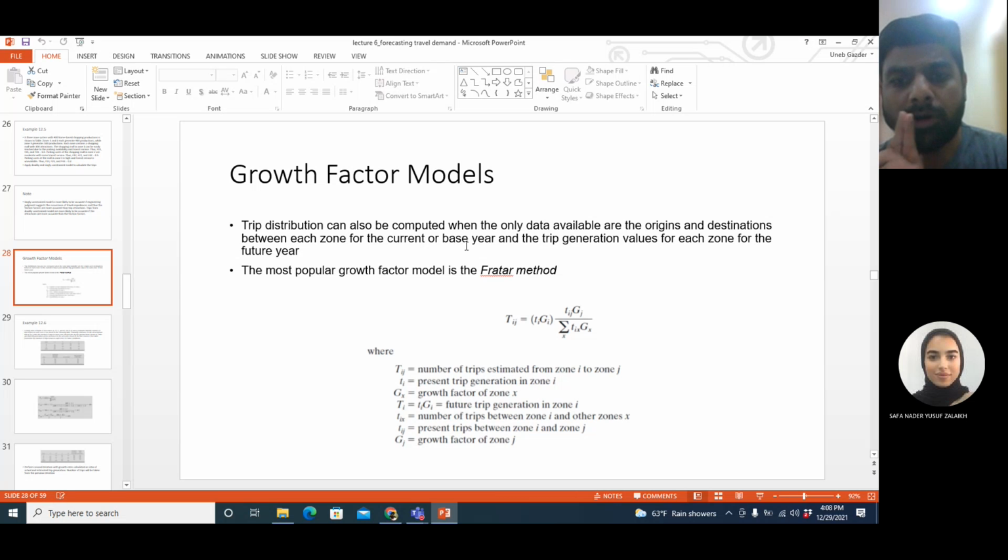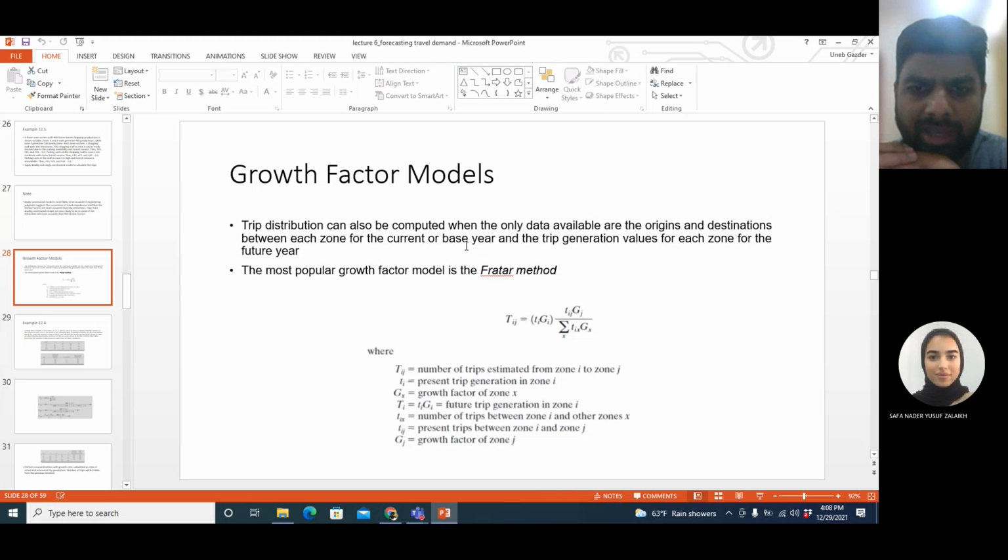So in the growth factor model, the equation which is used is shown on the slide here. We're basically calculating the number of trips from zone i to j. Capital Tij refers to the number of trips going from zone i to zone j. Small ti means the present number of trips coming out of zone i. Gi is the growth factor for the same zone. So the trips are increasing by a growth factor of G for each zone.